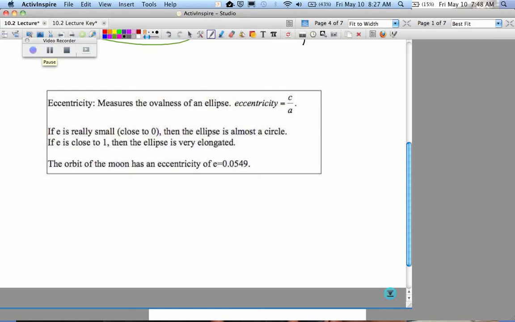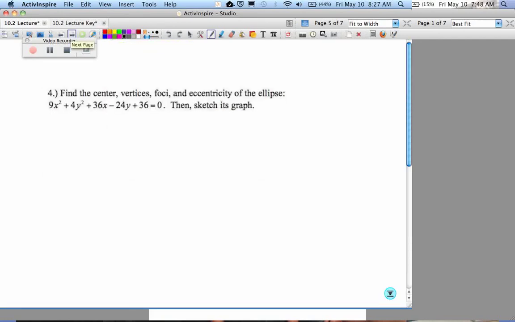The orbit of the moon has an eccentricity of 0.0549. To me, that's really close to 0, right? But you always see the science geeks do this oval thing. It should really be a circle. The moon almost does a circle around. It's not an elliptical shape in its orbit, in my opinion, mathematically speaking. I think they're wrong, just like with Pluto, getting rid of it and all that.